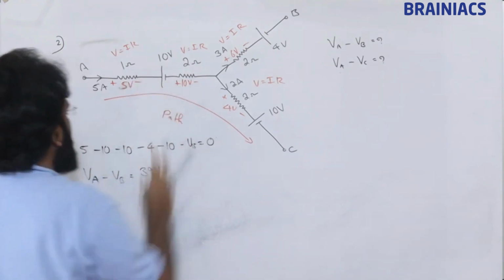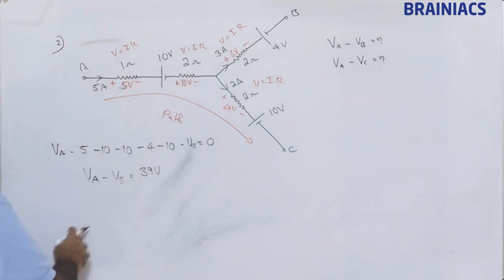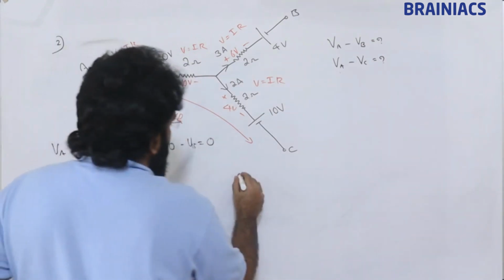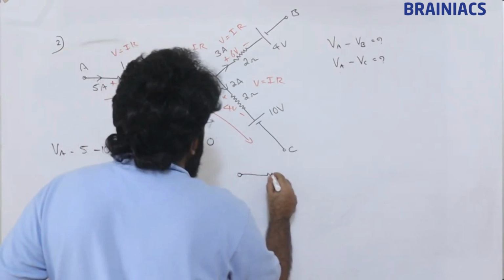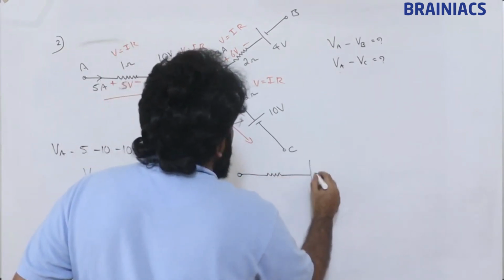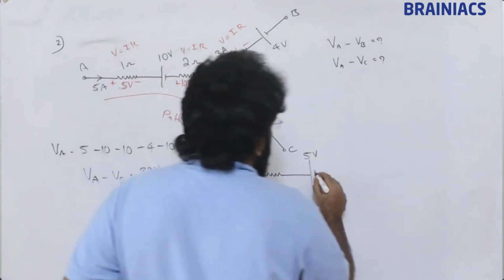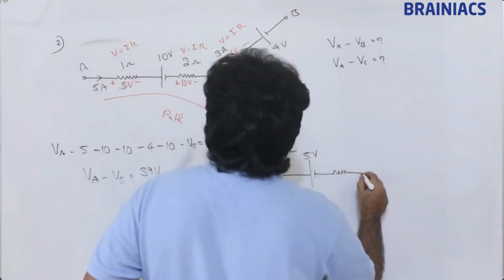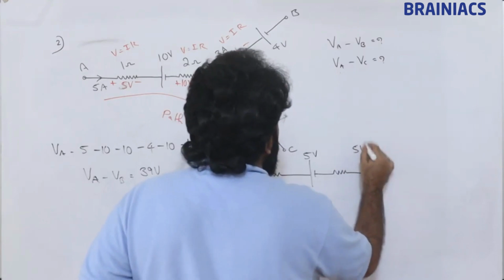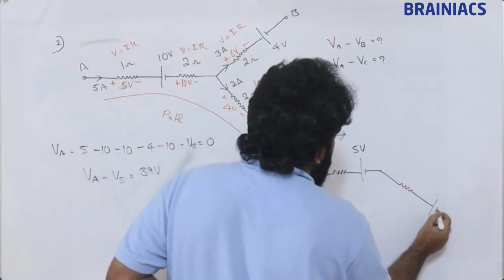Suppose we add these resistances, or put the resistances together, or separate this battery into two, the end result will not change. For example, this is VA, this is 1 volt, then instead of giving 10 volt here, I give 5 volt, then again 1 ohm, then I give the remaining 5 volt here, and the remaining things I keep as such.